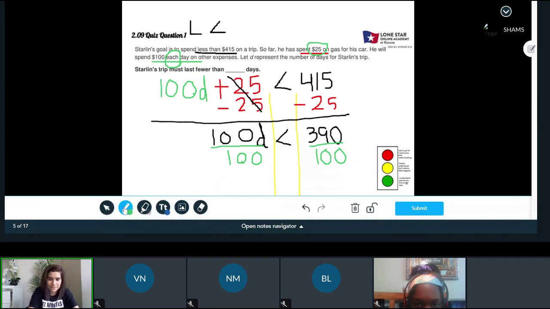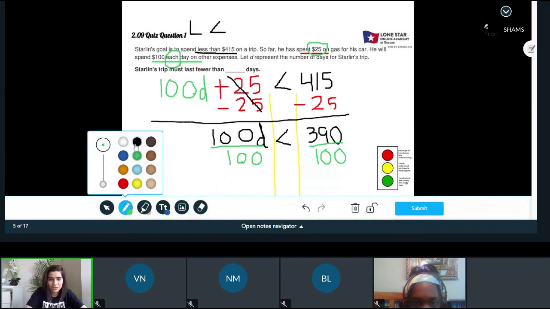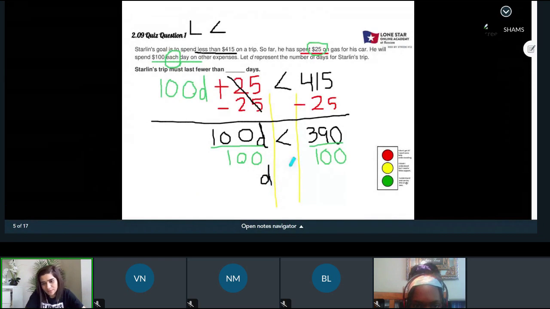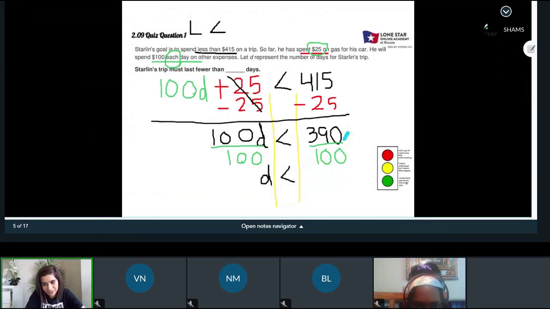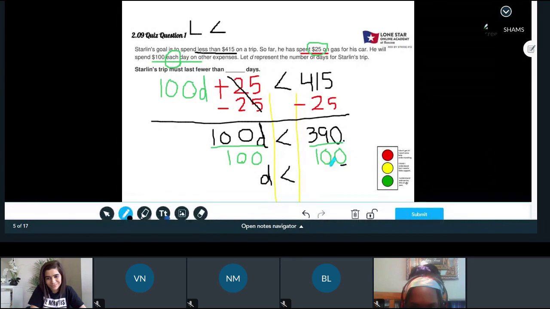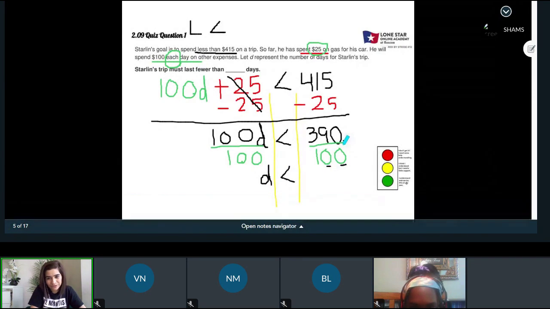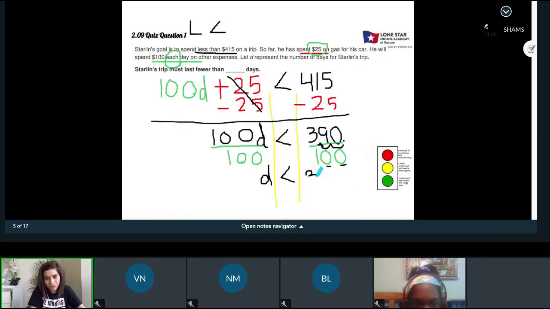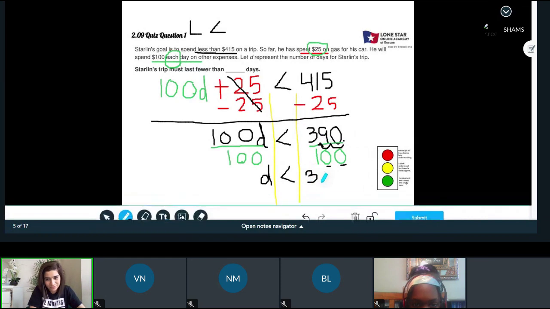And 100D divided by 100 gives you 1D, or I can say just D. And that will be less than, the decimal is right here. When I divide by 100, because 100 has 2 zeros, I move 2 places to the left, 1 and 2. That's where the new decimal goes. So I get D should be less than 3.9 days.